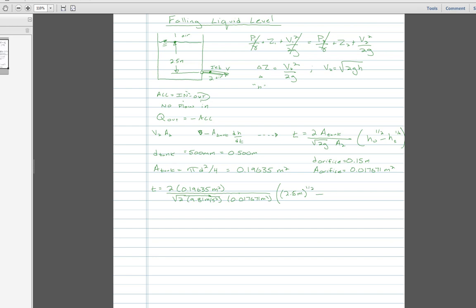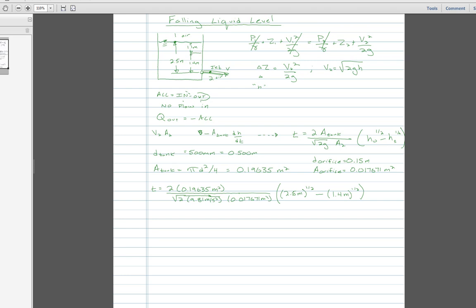And then the height it's falling to, this is one place where people often make a mistake. You don't put in 1.1 meters because that's how much it's changing. Its new elevation of the water surface above the orifice will be 1.4 meters to the 1/2 power. So in other words, if the change in height was 1.1 meters, then after that decrease of 1.1, what's left is 1.4 meters.